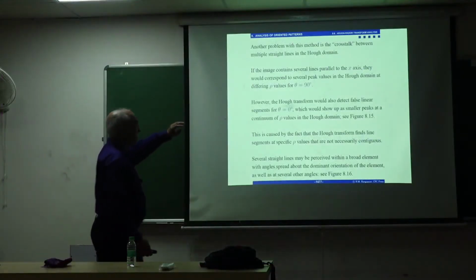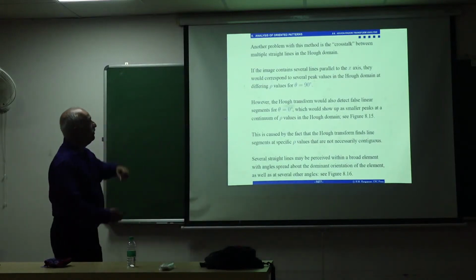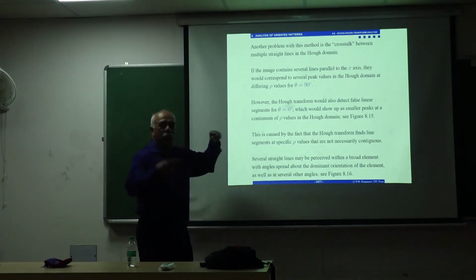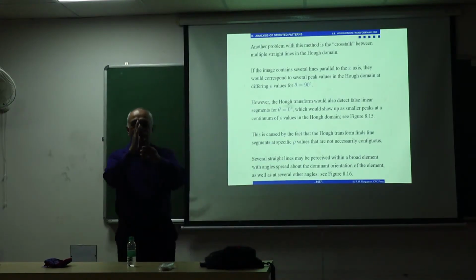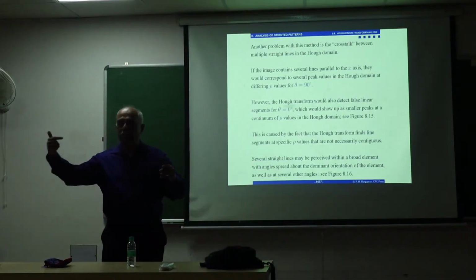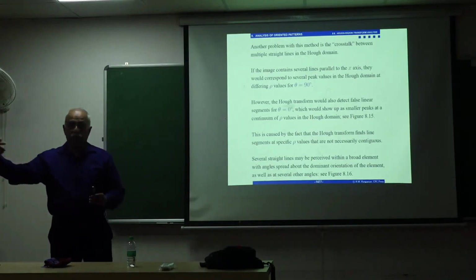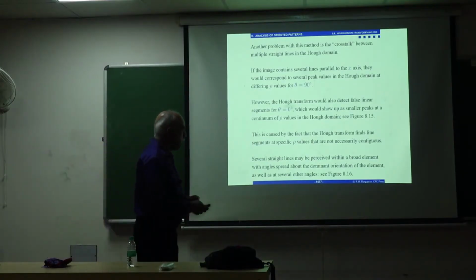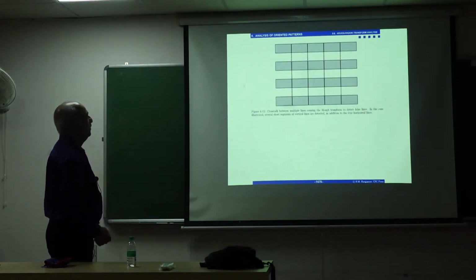If the image contains several lines parallel to the x-axis, they correspond to several peak lines in the Hough domain at different values of rho for theta equal to 90. But then, for points in the direction perpendicular to that, at theta equal to 0, you have a number of lines. I can take this point and this and connect them, and that is perpendicular to those lines. So I get false lines at other angles. This is an illustration of crosstalk.